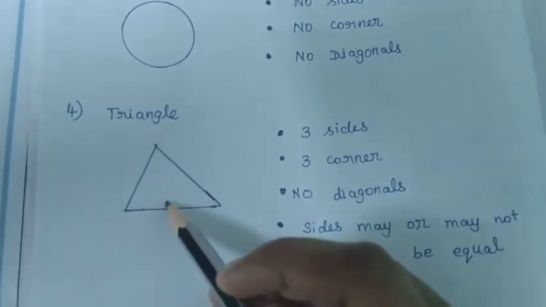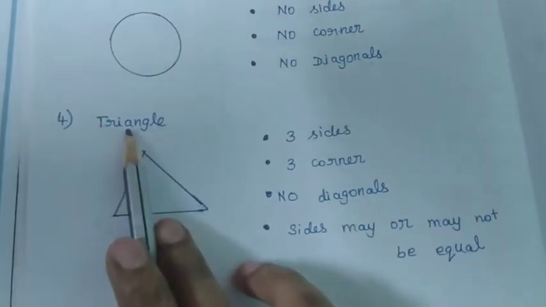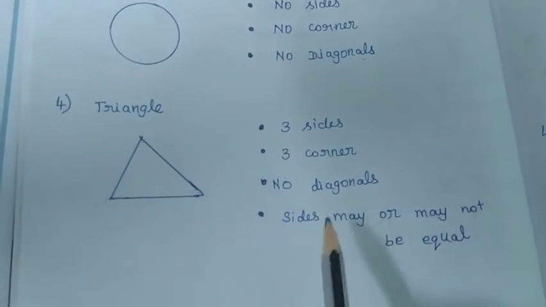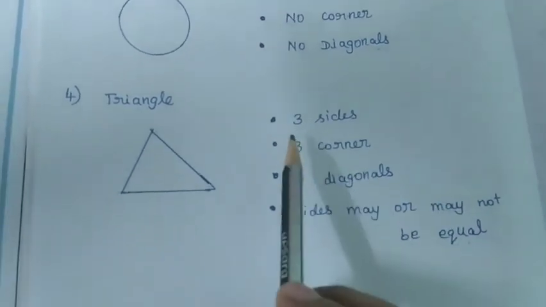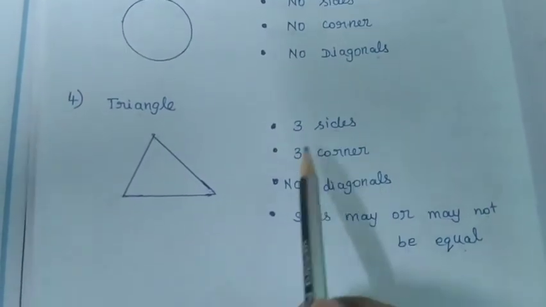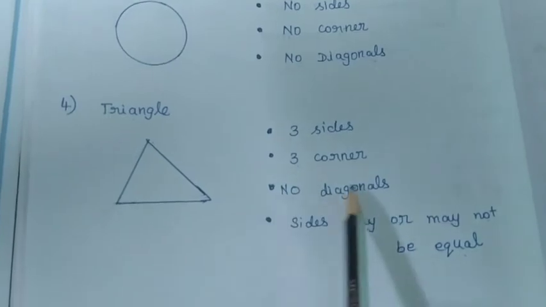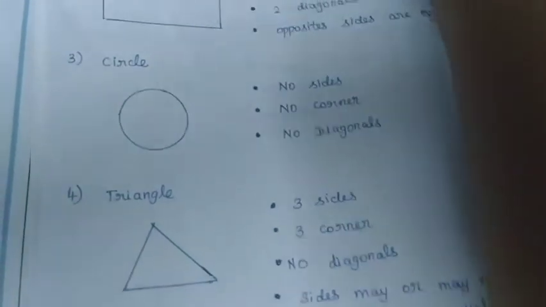No. So, no diagonals. In triangle, sides may or may not be equal. Sometimes it may be equal, but sometimes not. What are the 4 points? 3 sides, 3 corners, no diagonals, sides may or may not be equal. These are the 2D shapes.